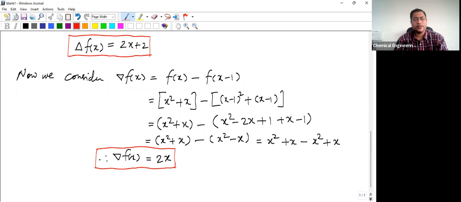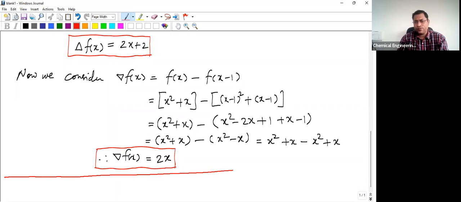This is a very important thing that you need to understand. Whether it is forward difference or backward difference, it will be constant, that means all the nth differences will be the same. Using this, we try to correct the values.